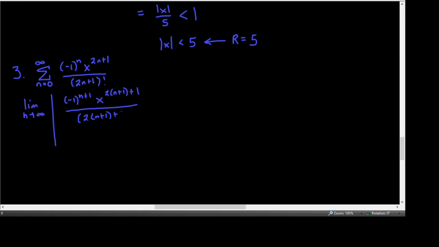Should look like that. Then that's going to be divided by the regular expression with just n in its normal place. Like that. Now, looks like my absolute value needs to be made a little bit bigger.